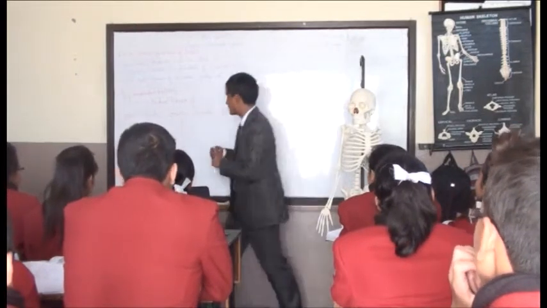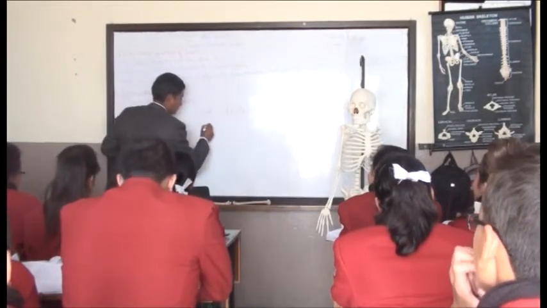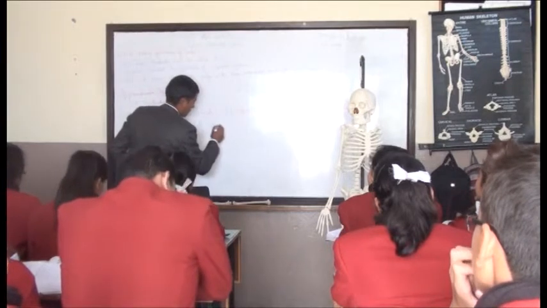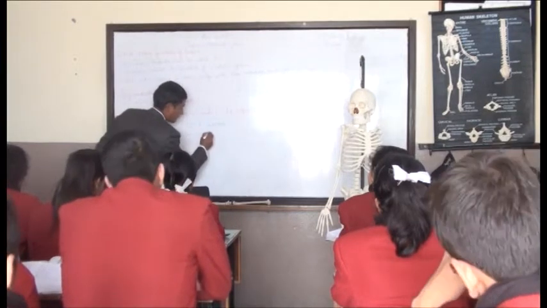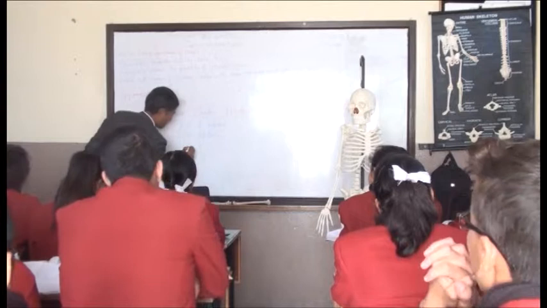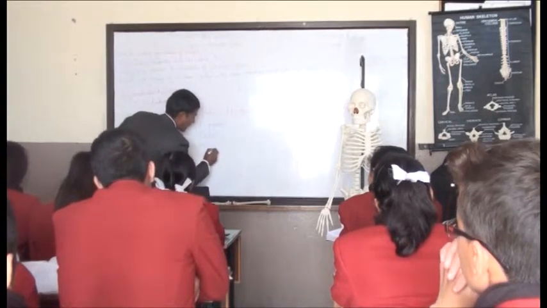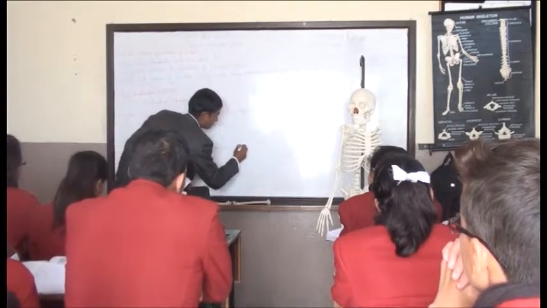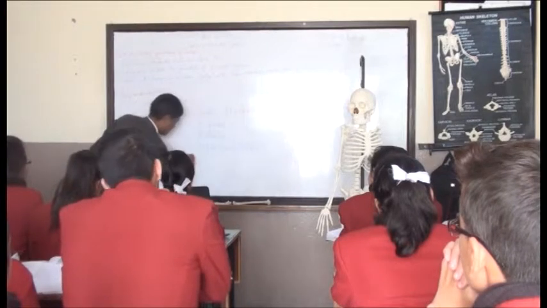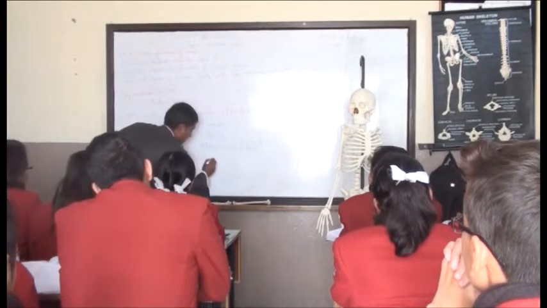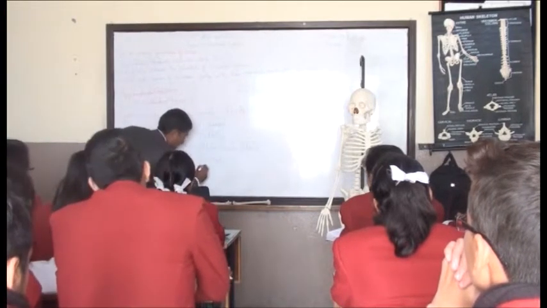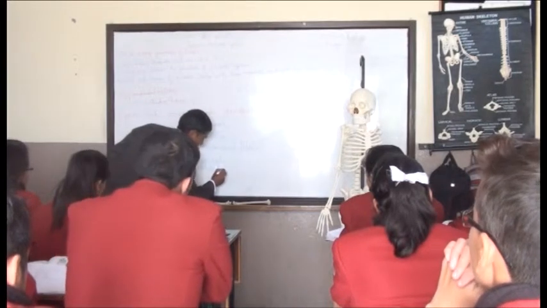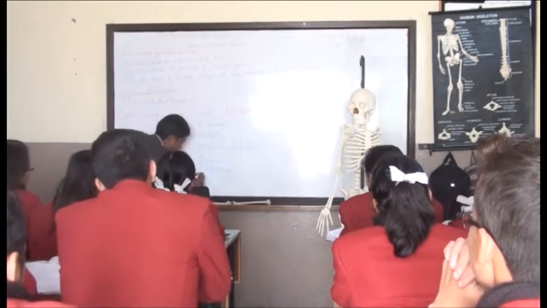F stands for femur. P stands for patella. T stands for tibia and fibula. Another T stands for tarsals, then metatarsals, finally phalanx again.